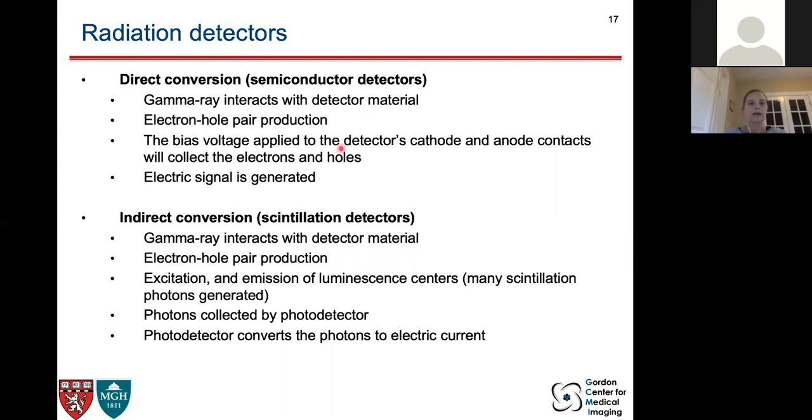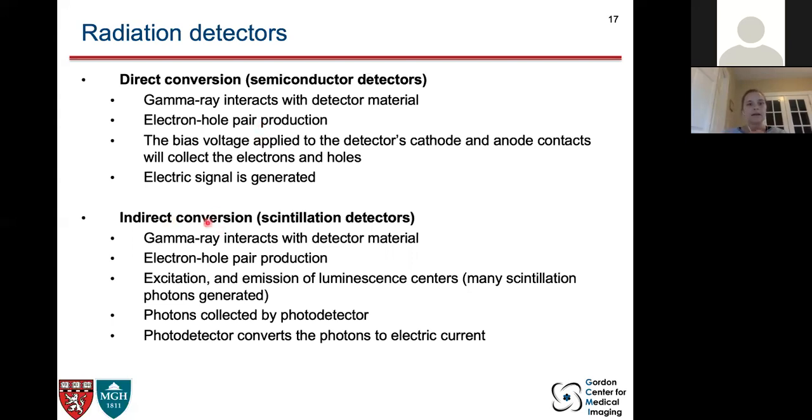So in direct conversion, we have the gamma ray interact with the detector material. And as a response to this, we will get electron hole pair production. And then we can apply a bias voltage across the detector's cathode and anode contacts, and then collect these electrons and holes and generate an electric signal.